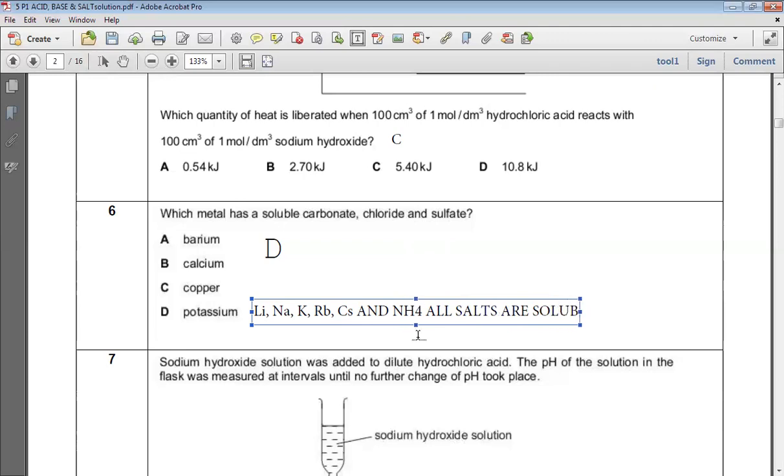There is no exception with group number 1 at all.